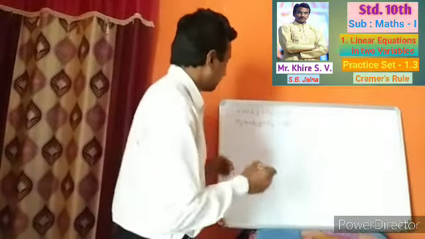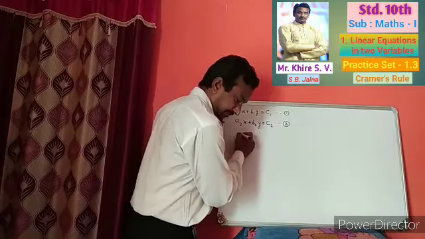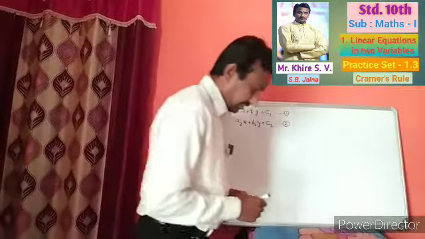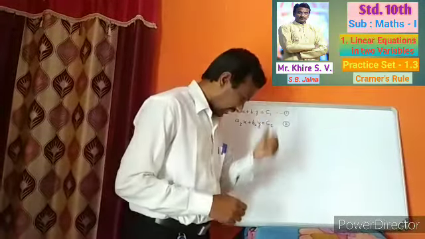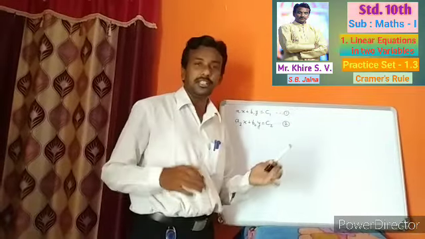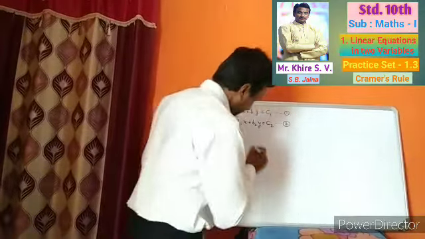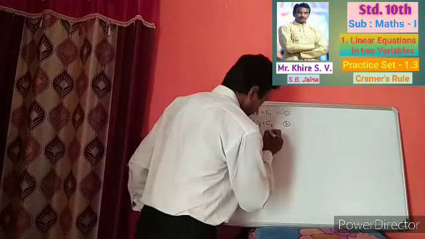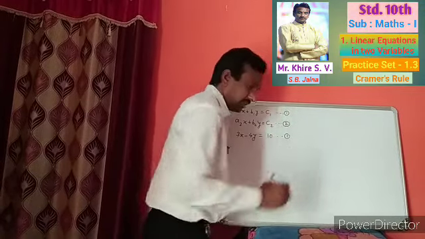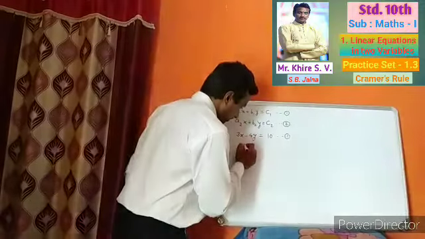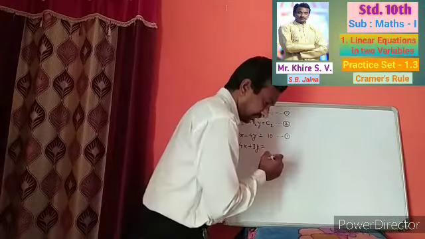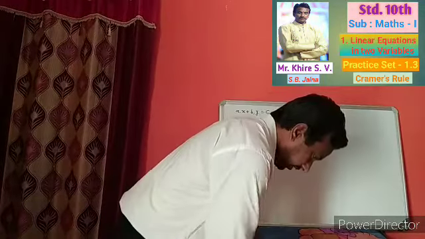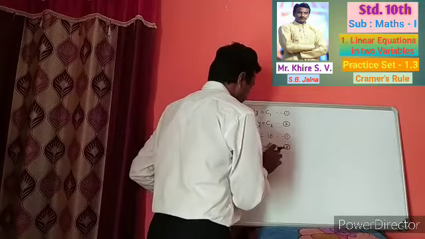Let us see an example of this Cramer's rule. In practice set 1.2, question number 3: solve the following simultaneous equations by using Cramer's rule. The equation is 3x minus 4y is equal to 10. Suppose this is equation number 1, and the second equation is 4x plus 3y is equal to minus 5.